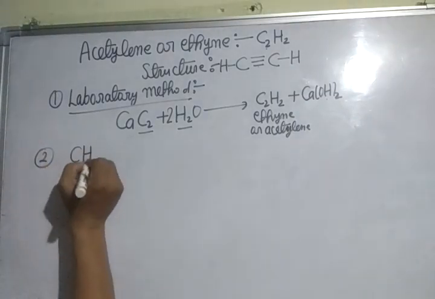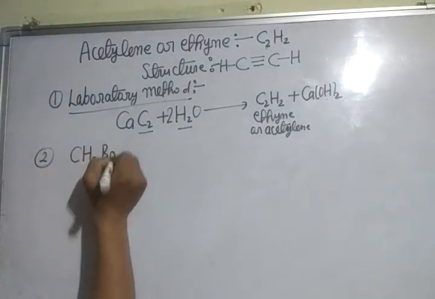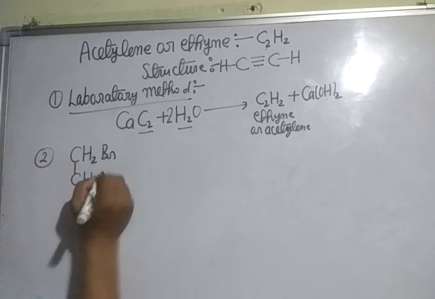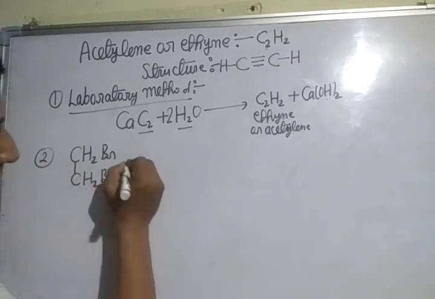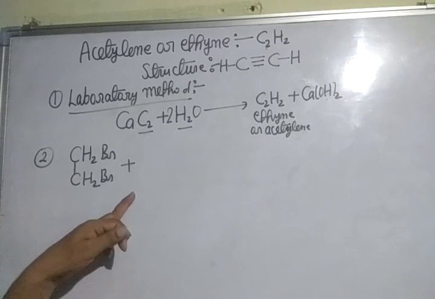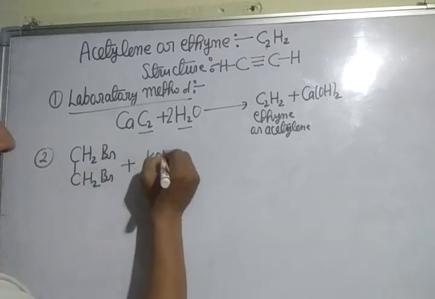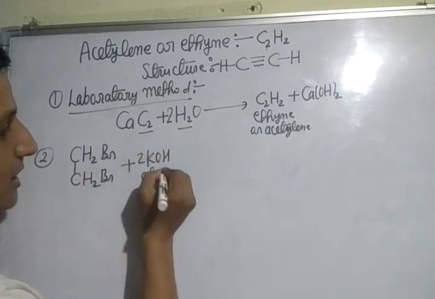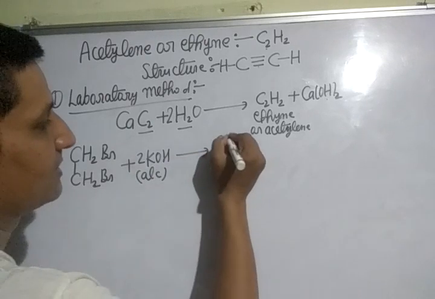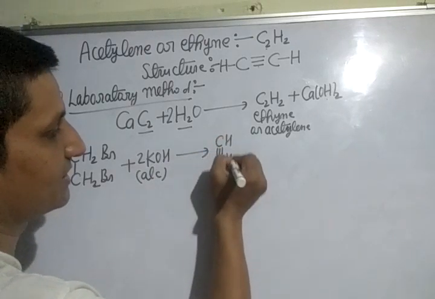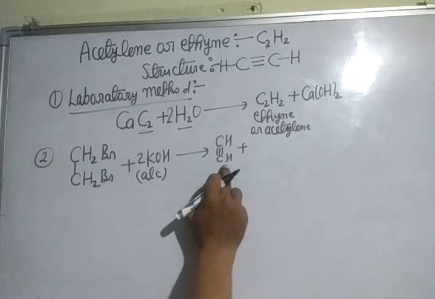Then we get CH triple bond CH. This is acetylene or ethyne.